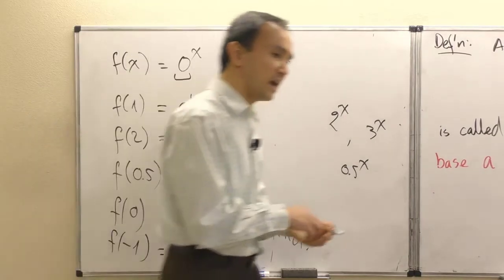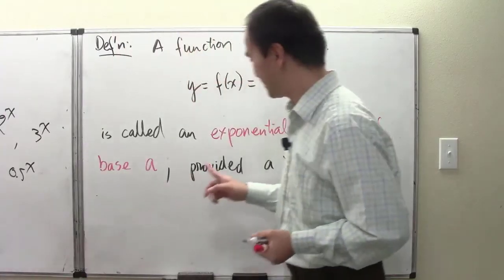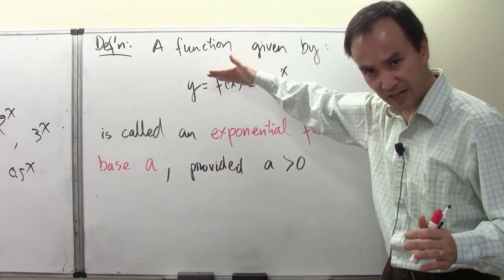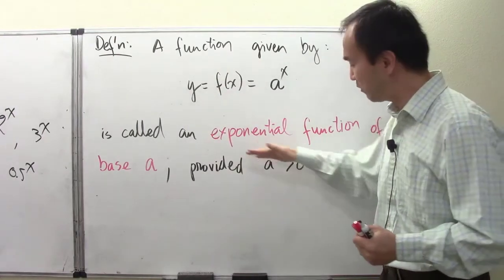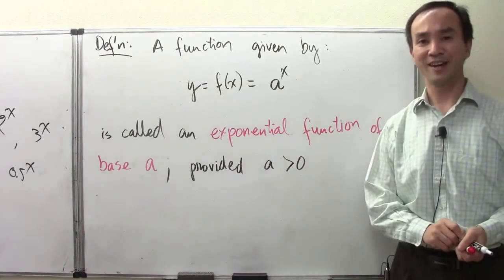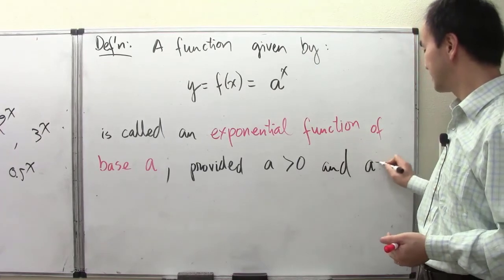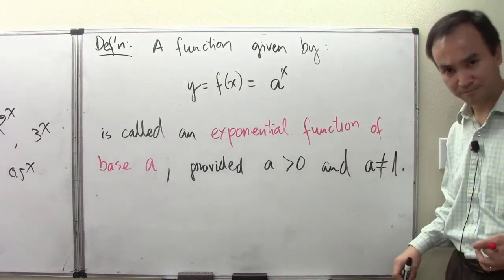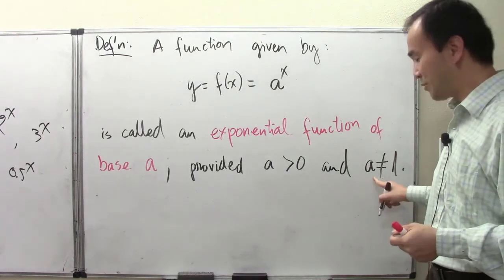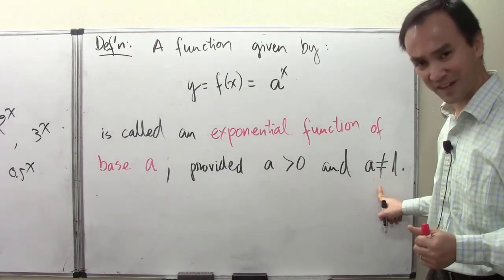So now back in our formal definition, provided a, the base, anytime we consider an exponential function, we're only interested in working with a positive base. Positive base. And then even further, the base other than 1. The base is other than 1. I will get back and explain a little more about why later.